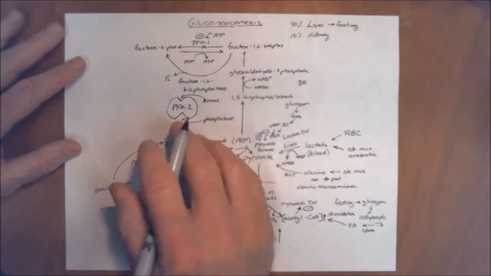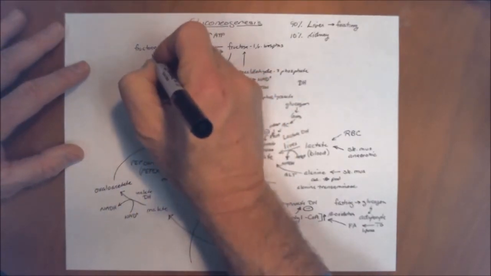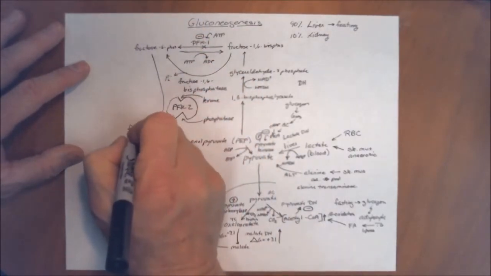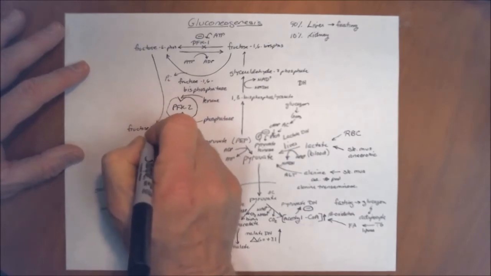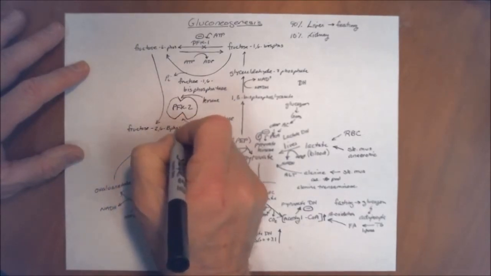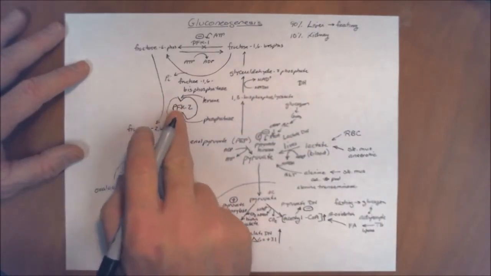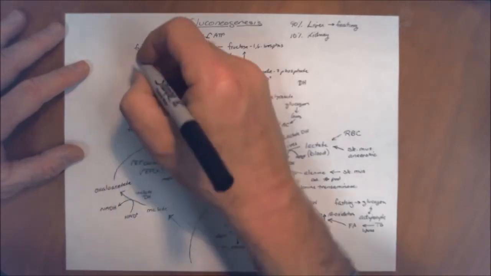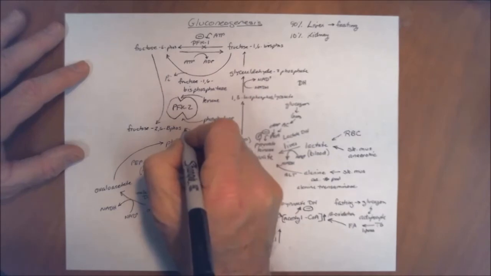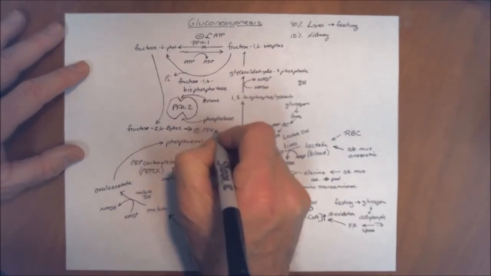So the way this enzyme works is that PFK2 is responsible for taking fructose 6-phosphate and converting this into fructose 2,6-bisphosphate, not 1,6, 2,6. When it does this reaction, this fructose 2,6-bisphosphate is an activator of PFK1.